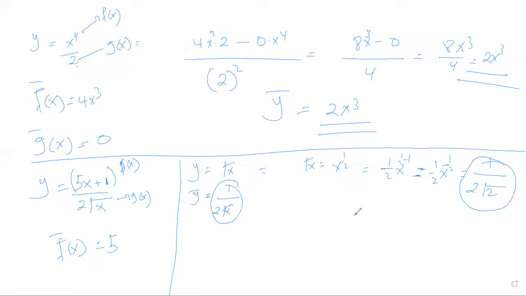Okay, this is how we do it, but there's another 2 here. The derivative of root of 2x will be 1 over 2 root of 2x.